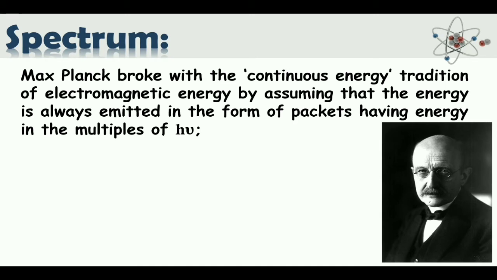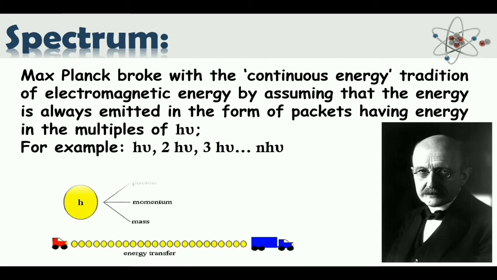He says that energy is always emitted in the form of packets having energy in multiples of h nu. For example, the energy may be either h nu or 2h nu or 3h nu and so on up to nh nu.